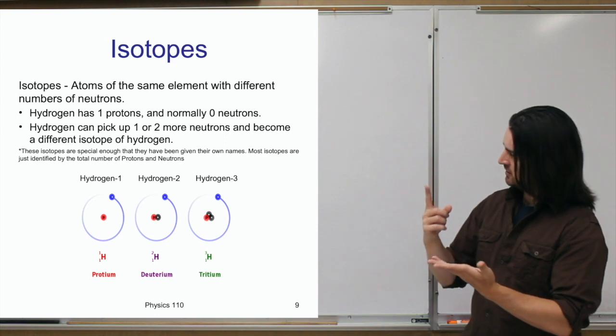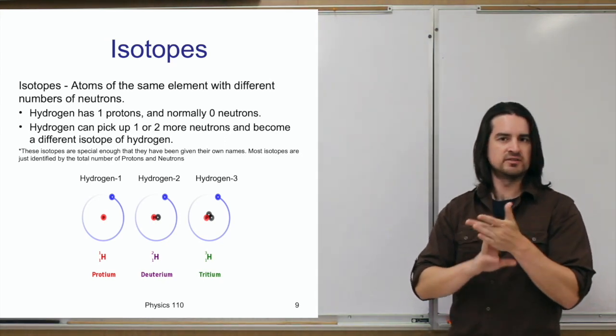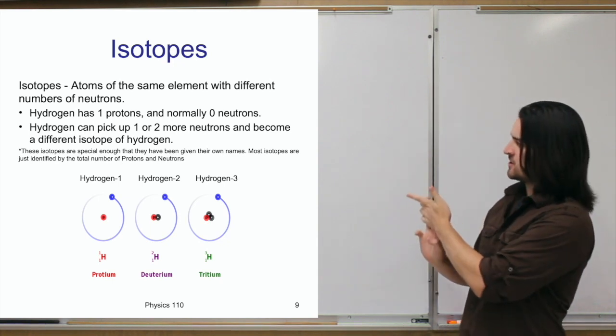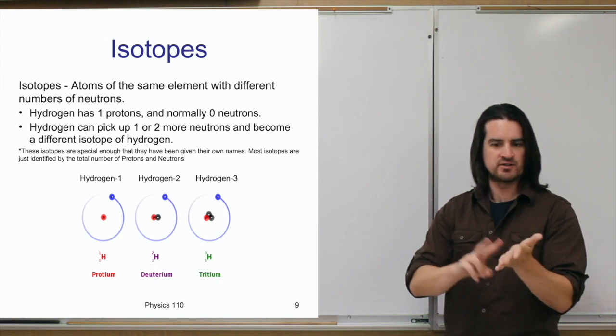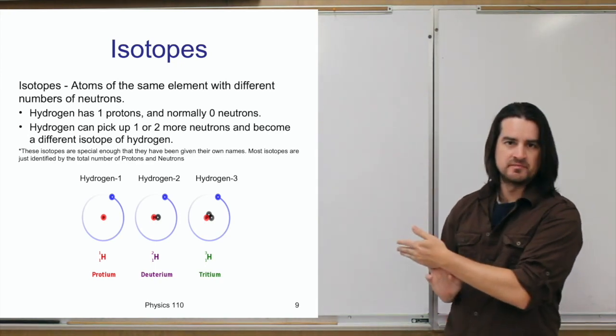And then finally you could keep adding more neutrons. If you have a hydrogen atom with 2 neutrons in it, this is another particular isotope of hydrogen you might have heard of before. We would have hydrogen 3, so proton, neutron, neutron, atomic weight 3, also called tritium.